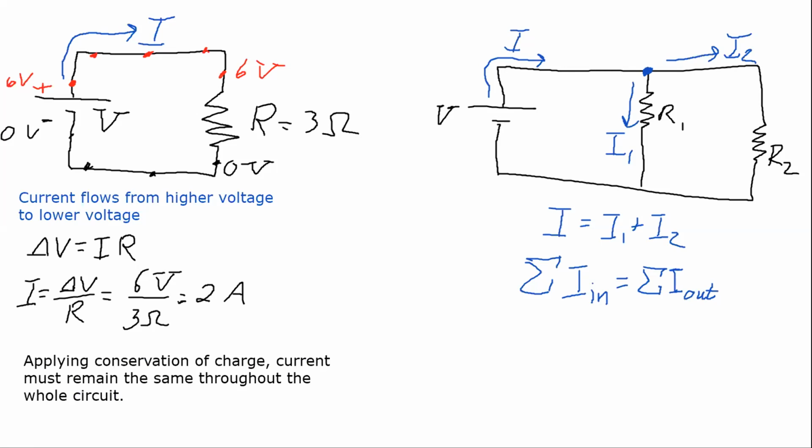As an example we've seen here, the current is always going clockwise, right? But if I put the battery here, that's going to be a counterclockwise direction. So don't think of current as always going clockwise or always going counterclockwise. You'll be a lot safer, and you can apply it to a lot more situations, if you know that current always goes from a higher voltage to a lower voltage.